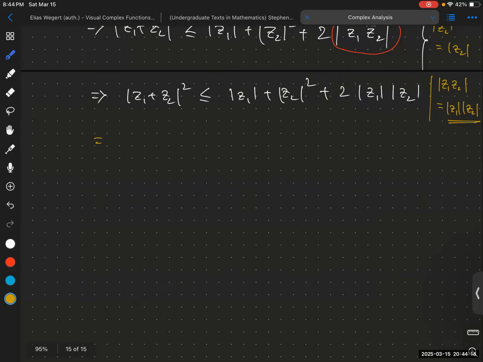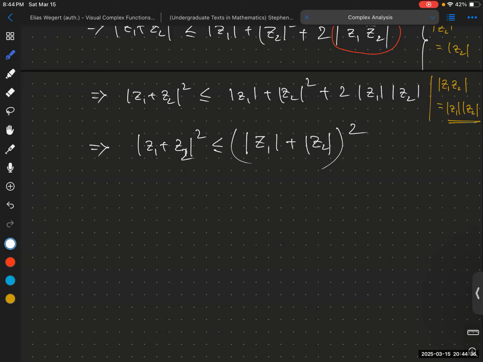So from here we can write down |z1 + z2|² is less than or equal to (|z1| + |z2|) whole square. You can see that all the terms here are moduli.